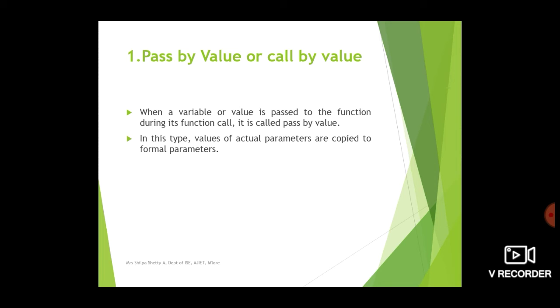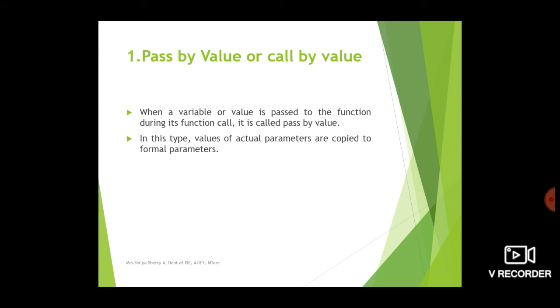Pass by value, or call by value. When a variable or value is passed to the function during the function call, it is passed by value. In this type, values of actual parameters are copied into formal parameters. It's like if you need to share your notebook with someone, you will not give the original copy of the notes.